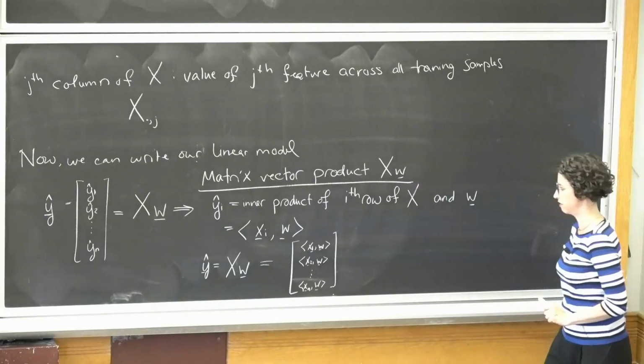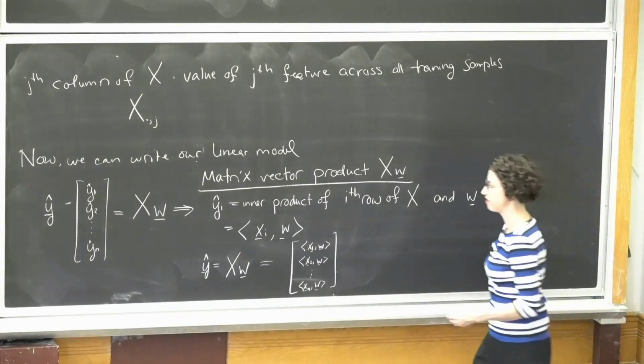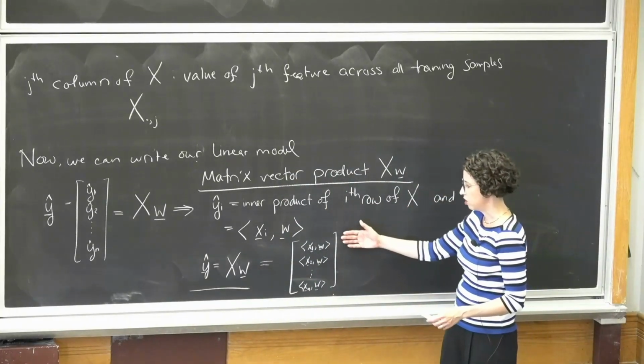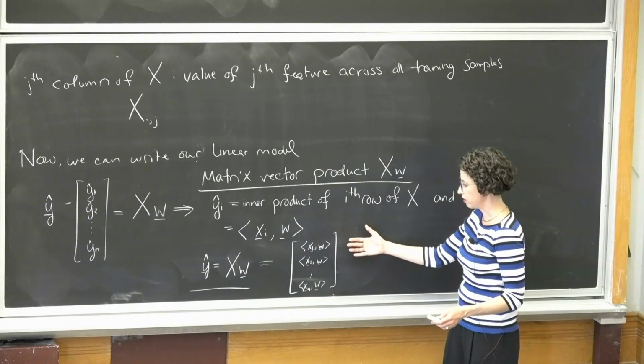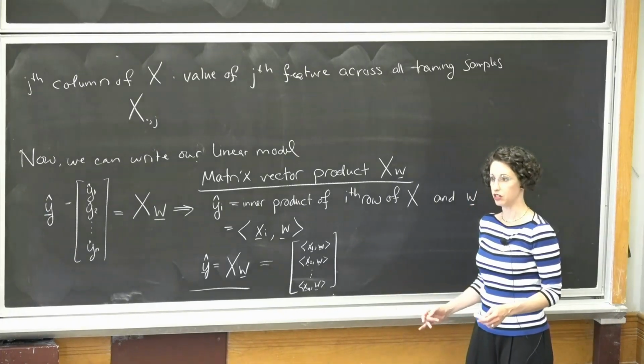So it's just a collection of inner products. And so again, we've got this very simple, neat, compact formula that's representing weighted sums for all of our different training samples in a very simple and easy to read way.